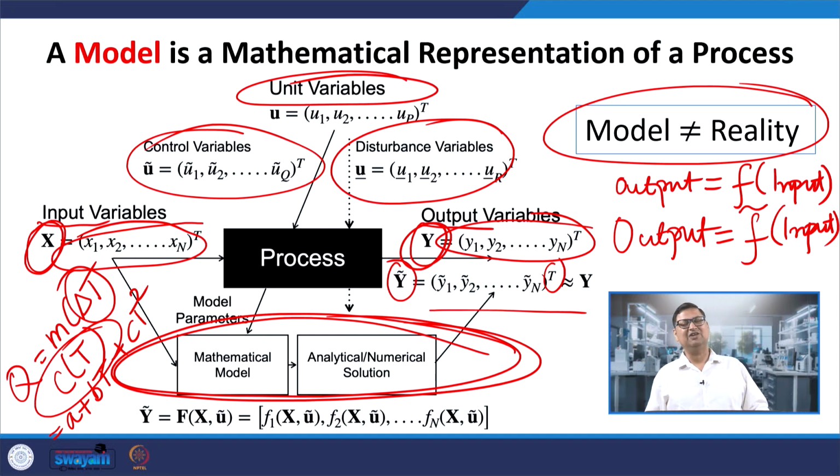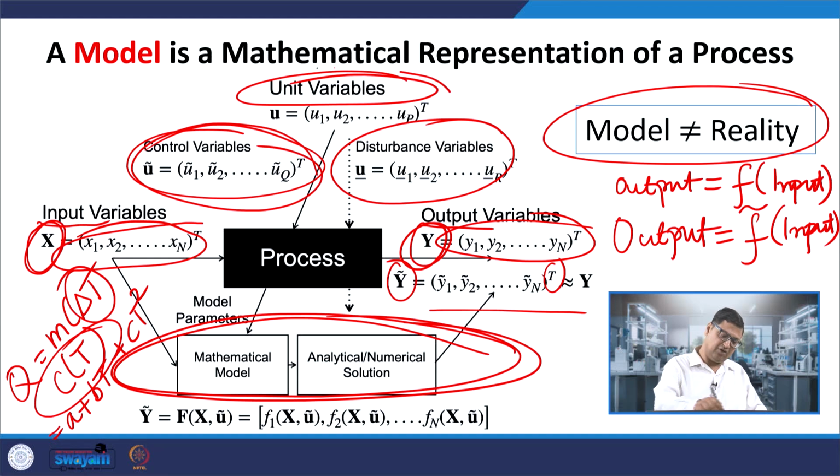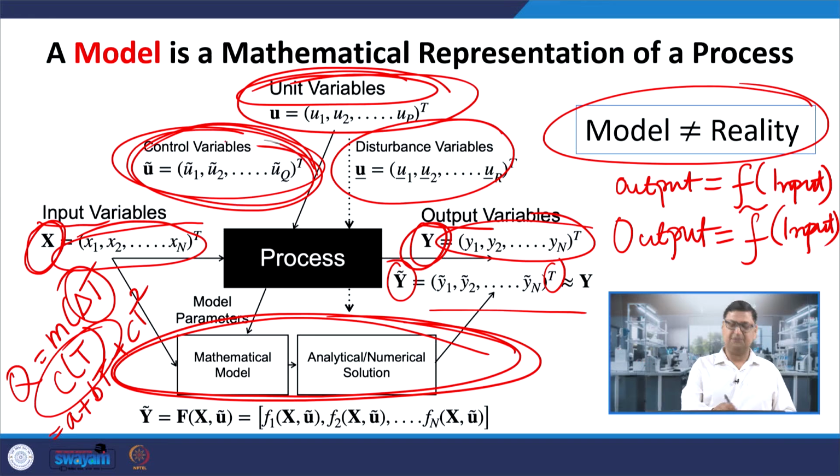And it will never get to a form which I can solve easily. So there is a choice which I make to consider a part of the variables that affect the process, and that part, or subset, I call control variables. These variables I am basically controlling in my model.